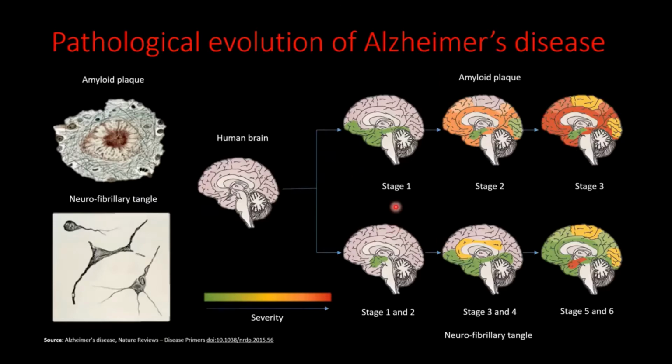There are some stages which have been characterized by previous studies, where they characterize the spread and how severe the disease is. The main point to take away from this slide is that Alzheimer's disease is not restricted to one particular tissue. The degeneration starts at one particular region, and then it spreads throughout the brain.